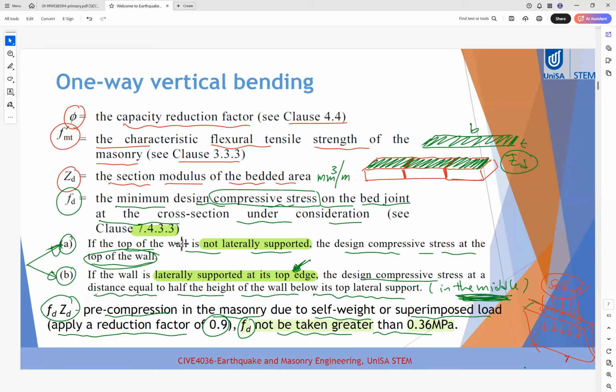If the top of the wall is not laterally supported, the design compressive stress is taken at the top of the wall, so it is designed for the compression coming from above. But if the wall is laterally supported from the top, you take the design compressive stress at the mid height of the wall.